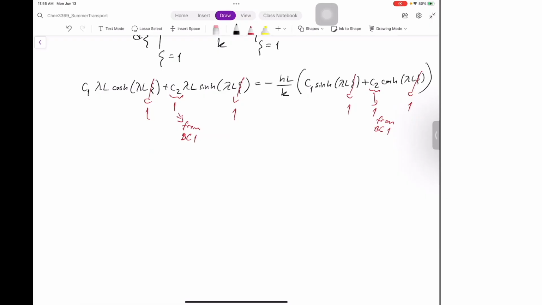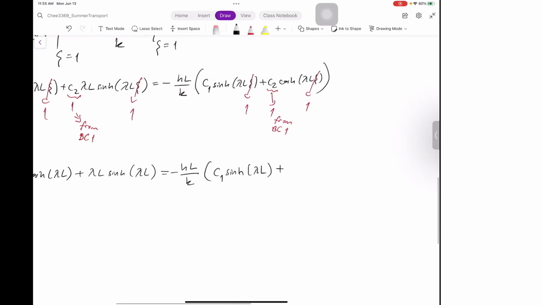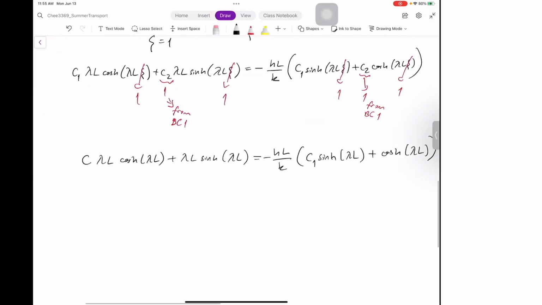And you would get C1 lambda L cosine hyperbolic lambda L plus lambda L sine hyperbolic lambda L is equal to minus HL over K times C1 sine hyperbolic lambda L plus cosine hyperbolic lambda L. And you solve for C1, right?